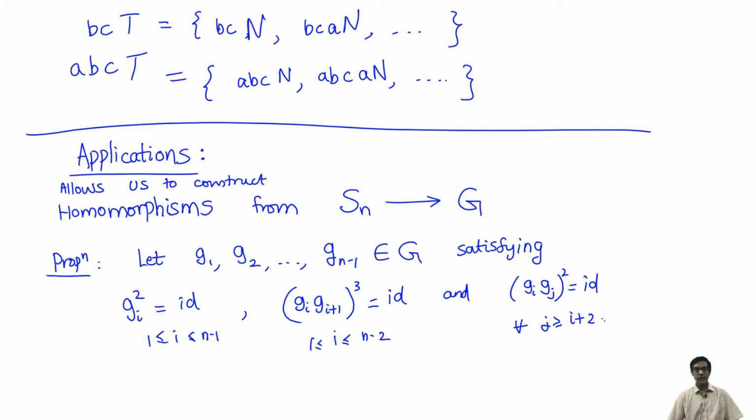So in other words, I find n-1 elements of my group G which satisfy the same relations that my generators of Sn are supposed to satisfy.